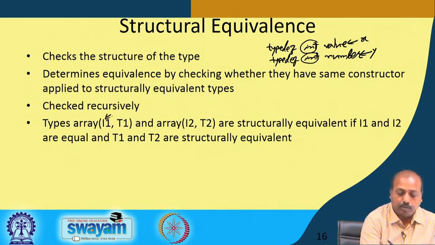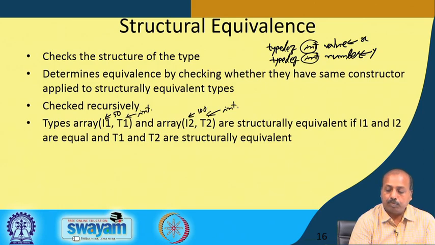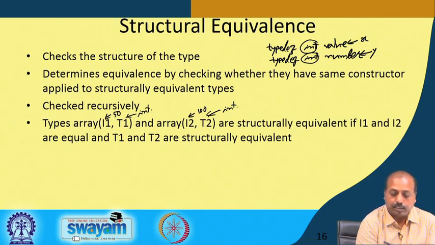Say I1 equal to 50 and I2 equal to 100, though both T1 and T2 are integers. In that case, I1 and I2 are not the same, so naturally I will not have the same overall size.